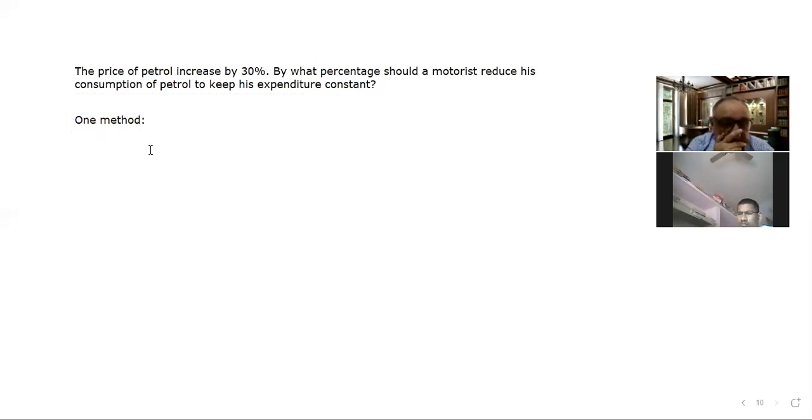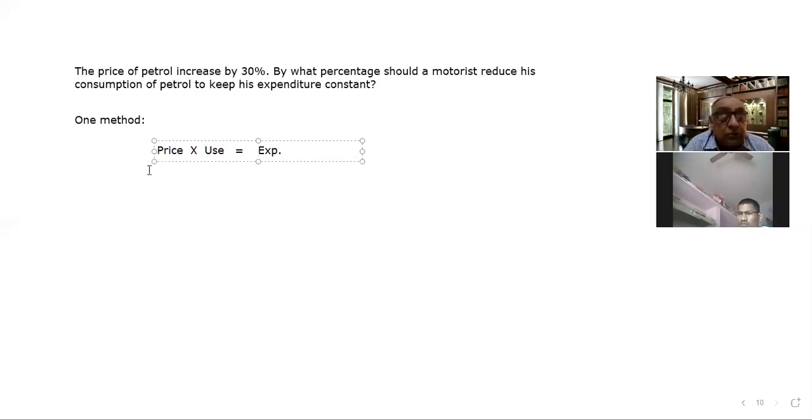One is the price of petrol, second is the consumption or use of petrol, and third is the expenditure. We know that price multiplied by use, how many liters you use, is equal to the expenditure. This is quite simple.